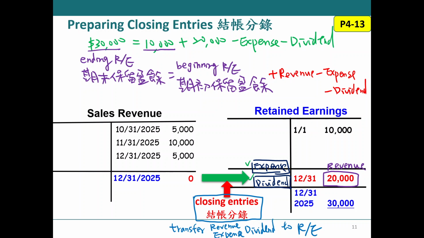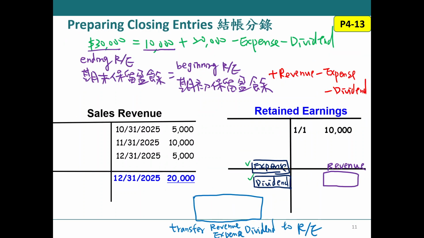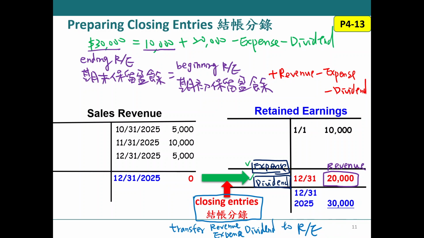How to make revenue, expenses, dividends become zero? If I have the data right here, how to make it become zero? Accounting, quite simple. How to make the number become zero? Put the same amount on the opposite side, right?